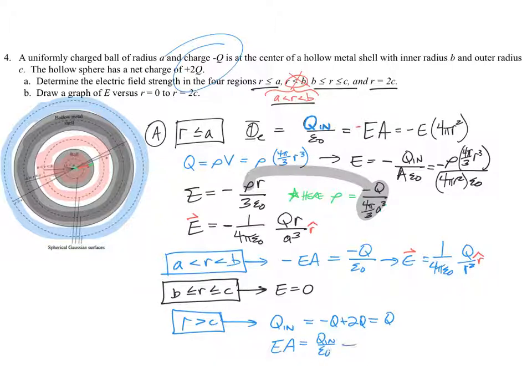And once again, EA equals Qn per epsilon naught implies that our field is going to be 1 over 4 pi epsilon naught times the Q, and then that R squared part of the area.